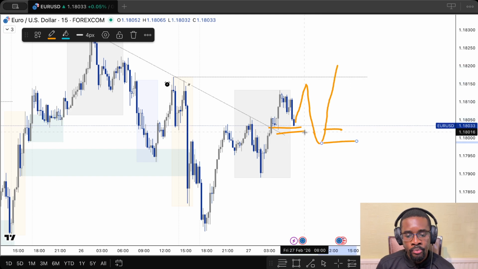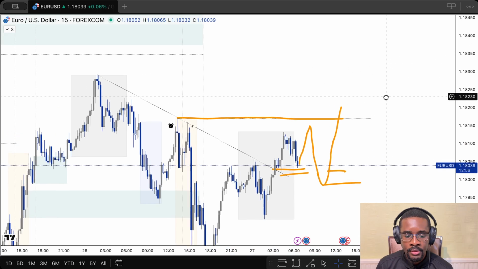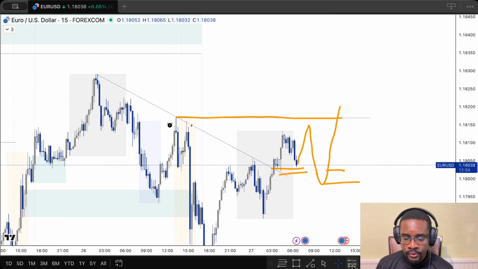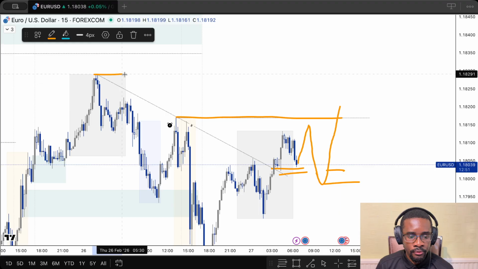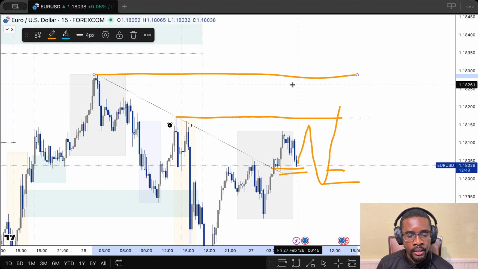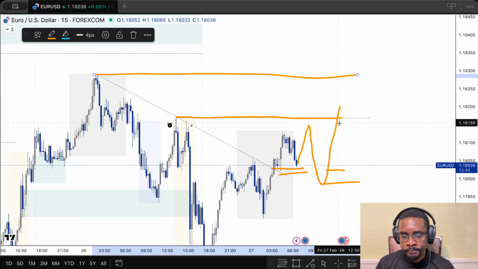The buys would be towards maybe this high, or if you want to hold, then you might target this next Asia high that is above there.